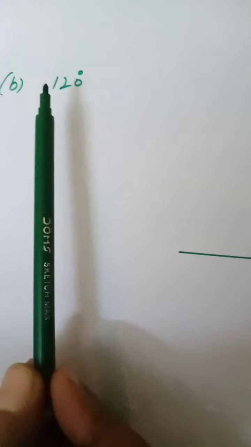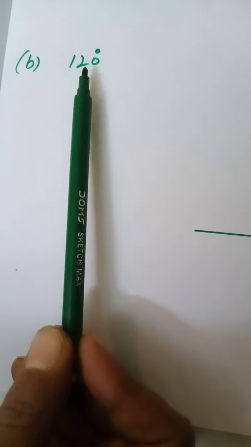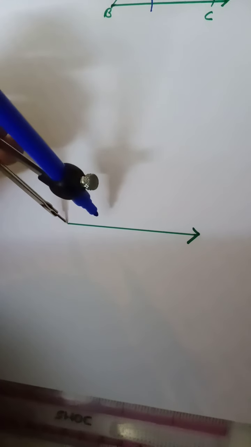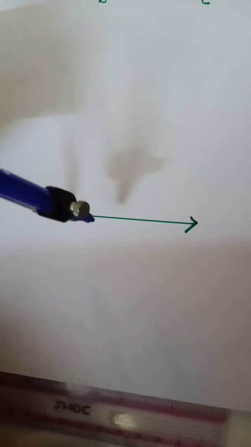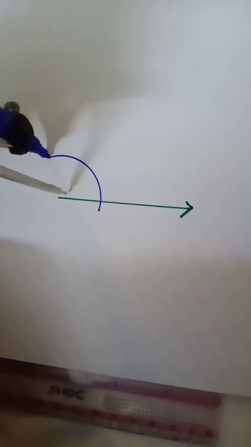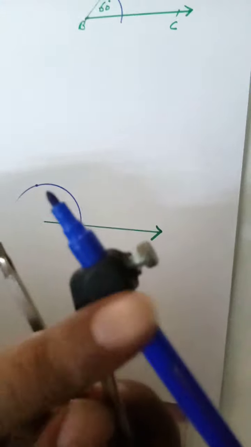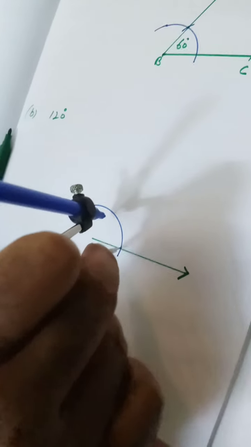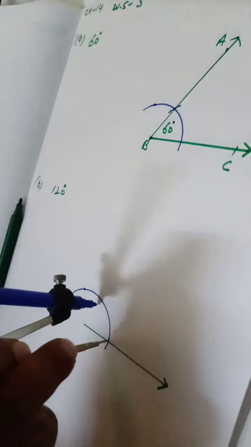Now in B part we will draw an angle of 120 degree. For this, first of all we will draw a ray with the help of scale, and then again you will draw an arc like this. Keep the radius of the compass same. Now put the needle at the first arc.